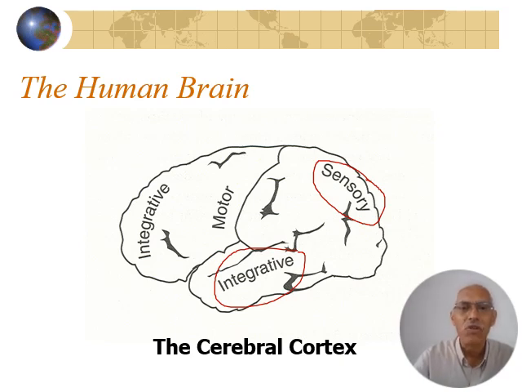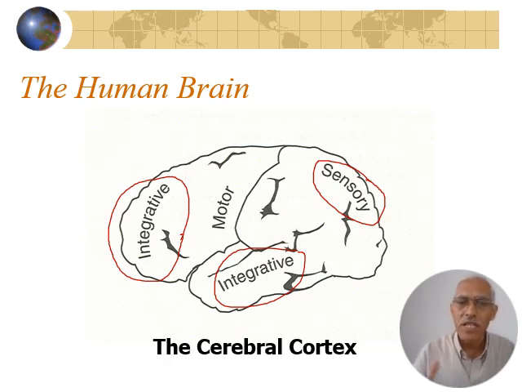Once it makes sense of it and has an understanding of it, then it moves to the frontal integrative cortex. The frontal integrative cortex, based on this interpreted information that it has received, now begins to plan, okay, what shall we do with it? What would be the next step? What kind of actions should we be taking?